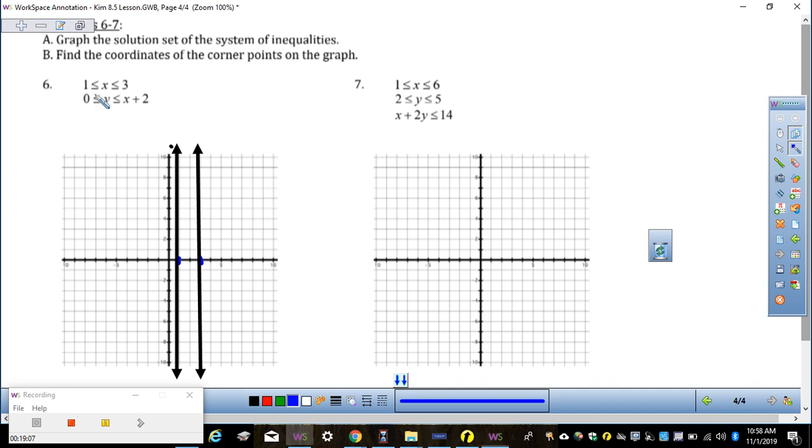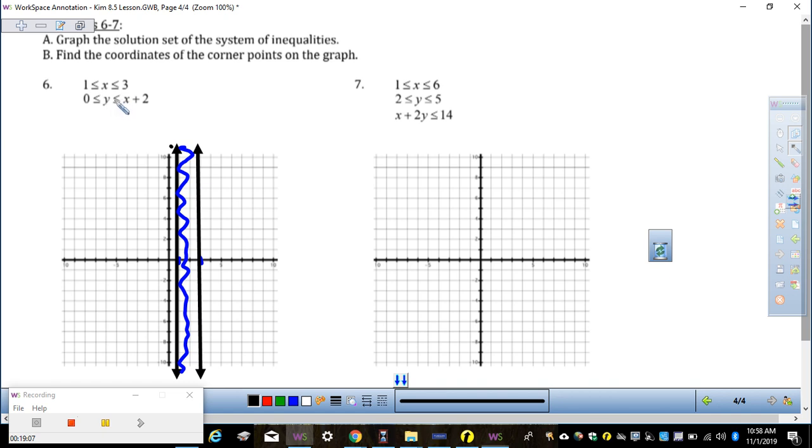So the nice thing about this is I don't really need to do any test points here because this shows me that x has to be everything between 1 and 3, which means I would actually be shading everything between those 2 vertical lines. So then we can move on to our bottom inequality.